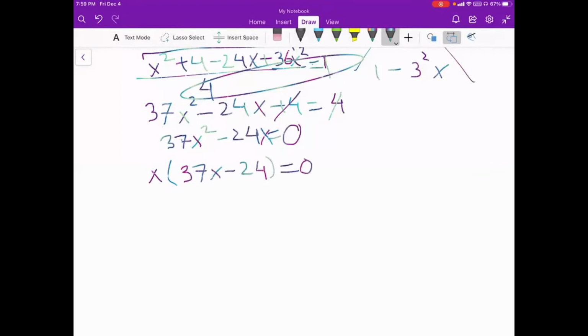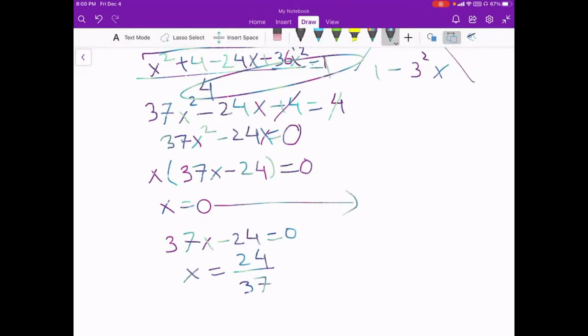Now if you solve for x, one of your x's should always equal 0. And then the other part is 37x minus 24 is equal to 0. X should equal 24 over 37. If you're wondering how I got x equal to 0, I saw there was an x here, and there's an x with the 37 inside the parentheses.